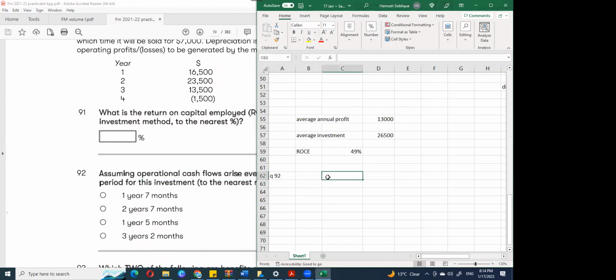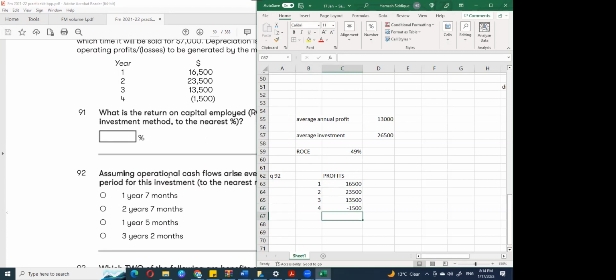They say profits for years 1, 2, 3, and 4 are 16,500, 23,500, and negative 1,500.